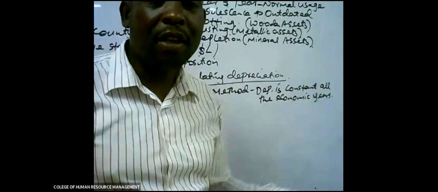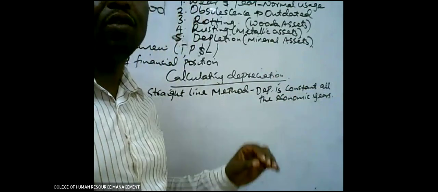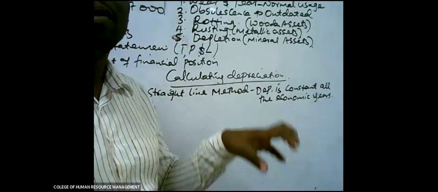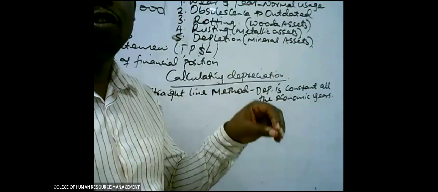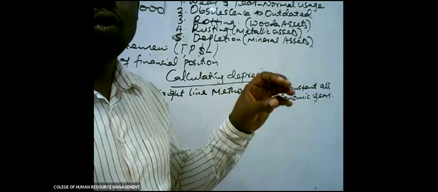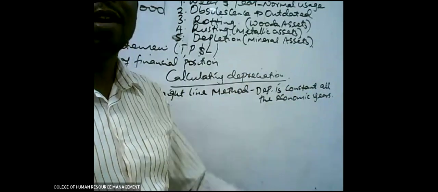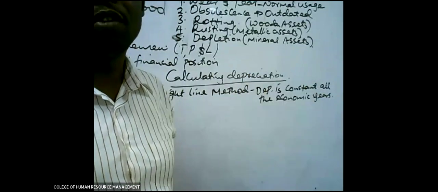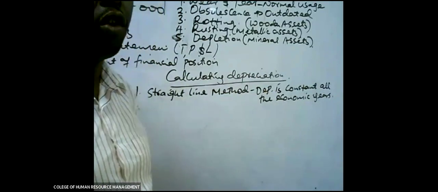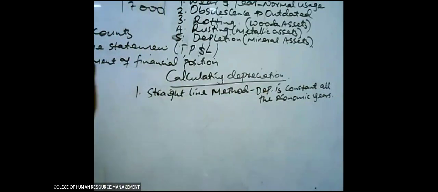If we use the straight line method, depreciation for those 5 years will be the same amount. If it lost 10,000 in year 1, year 2 will be 10,000, year 3 10,000, year 4 10,000, and year 5 10,000. Constant depreciation across the economic years of that particular asset.